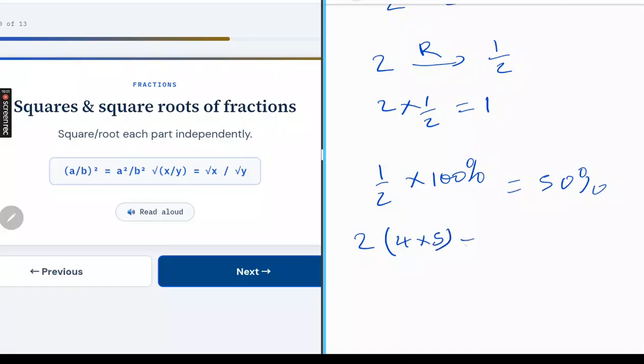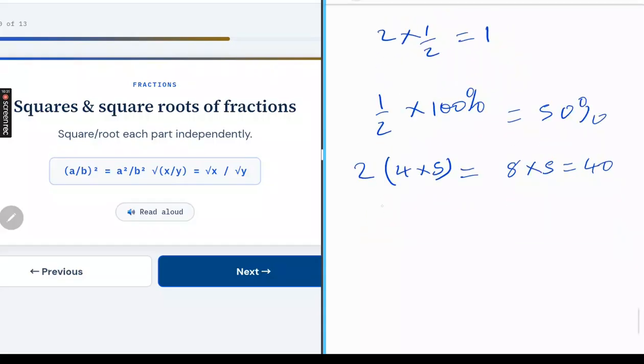If you want to open this bracket, the 2 will multiply only one of these numbers. That will be 2 times 4, which is 8, times 5 is 40. That is correct. Because if 2 multiplied 4 and 5, it will not give you 40. That would have given us 80.